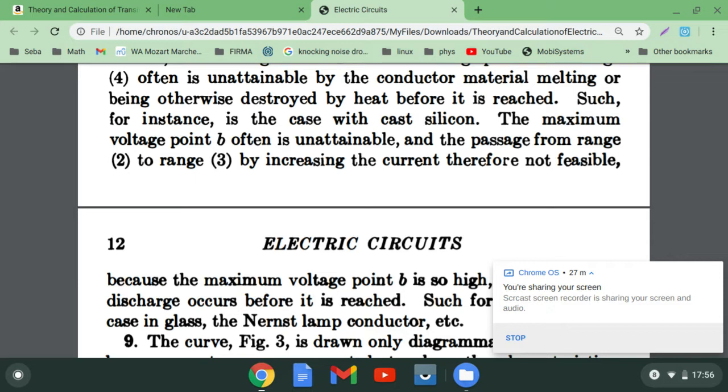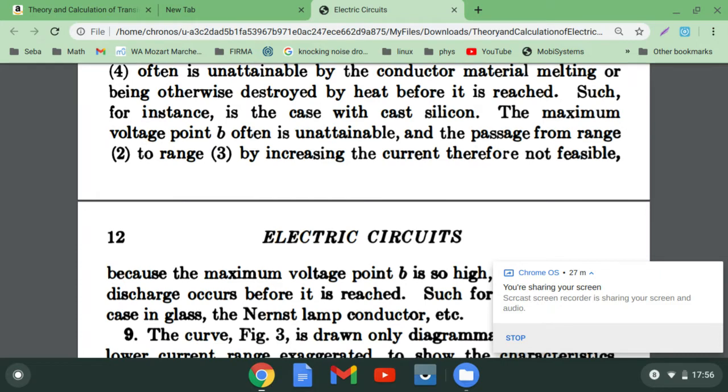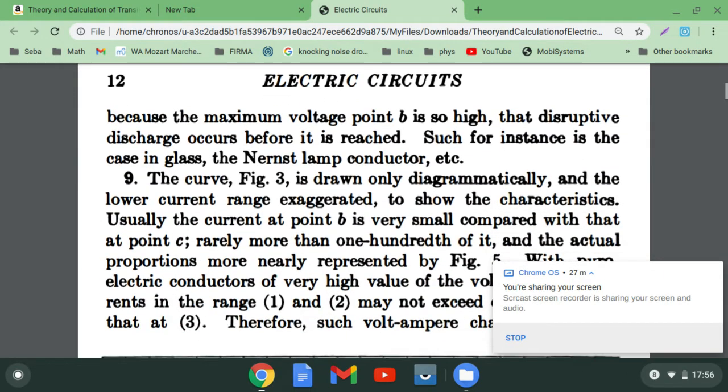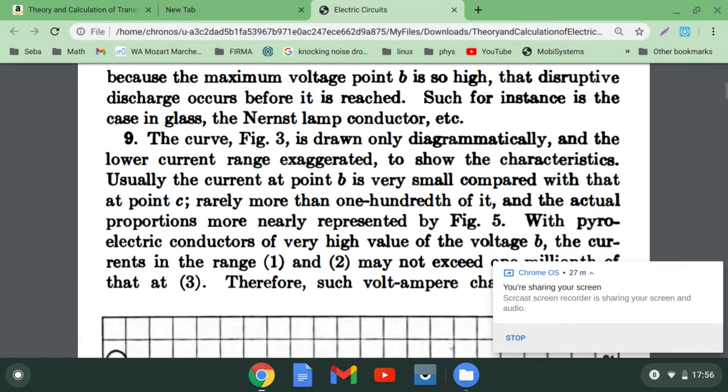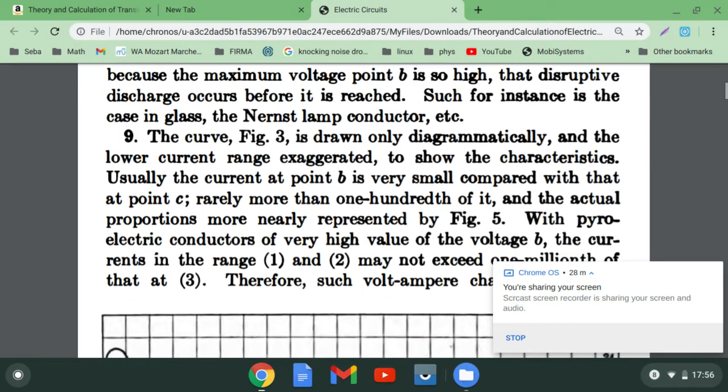For example, in the case of cast silicon, the maximum voltage point B often is unattainable and the passage from range 2 to 3 by increasing the current is therefore not feasible, because the maximum voltage point B is so high that disruptive discharge occurs before it is reached. Such, for instance, is the case in glass, the Nernst lamp conductor, etc.